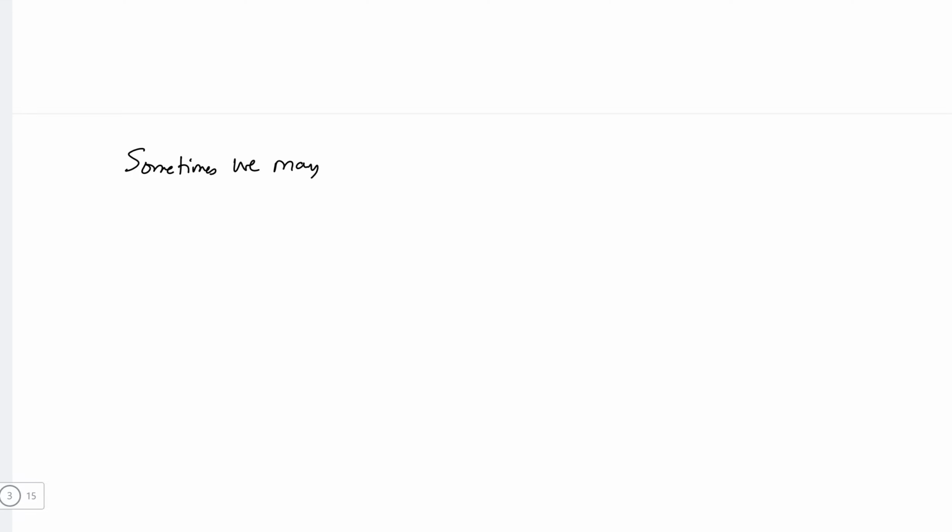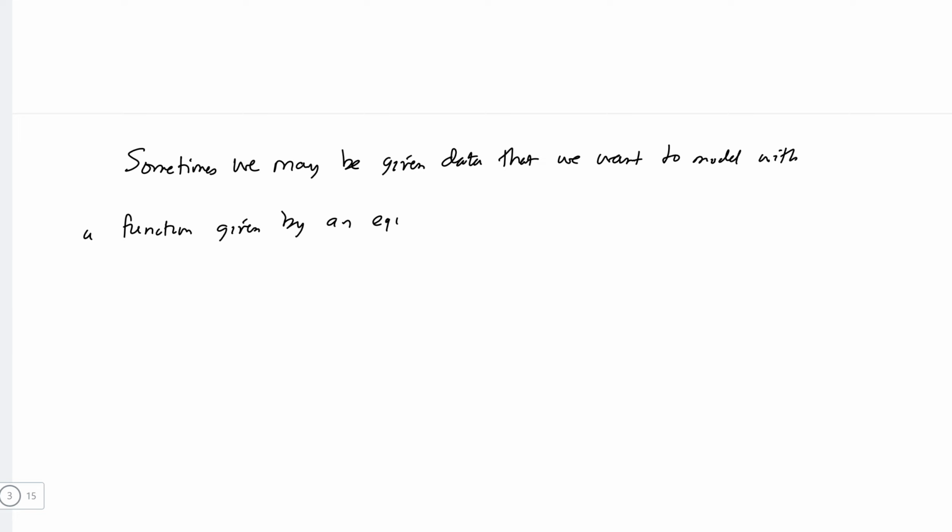So let's first say sometimes we may be given data that we want to model with a function given by an equation. And you'll see in actual applications, often there won't be one equation that fits all the data points nicely, so often you'll be looking for an equation that does the best job possible. But our example here is going to give one that models it really nicely.